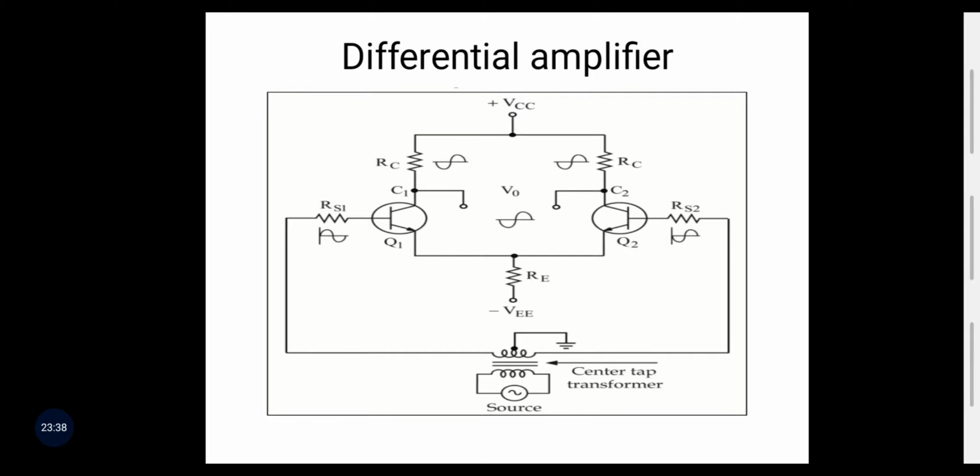So the working principle of the differential amplifier is, suppose the signal is applied to input 1, or the first terminal, that is Q1. The transistor Q1 will act in two ways: as a common emitter amplifier and as a common collector amplifier.